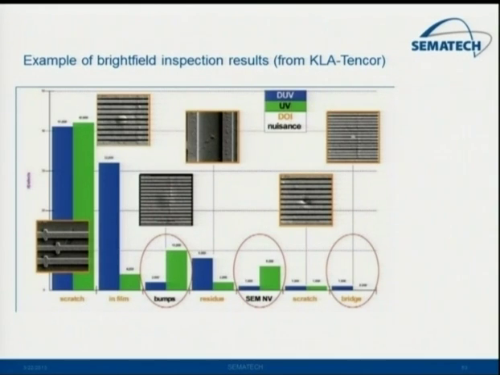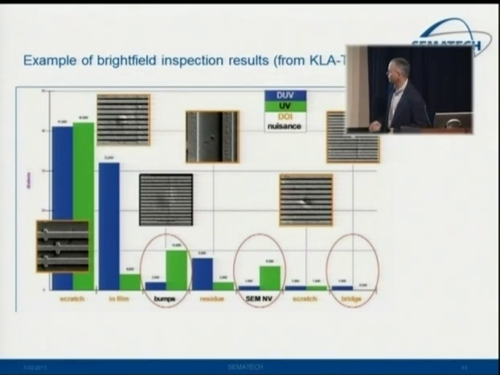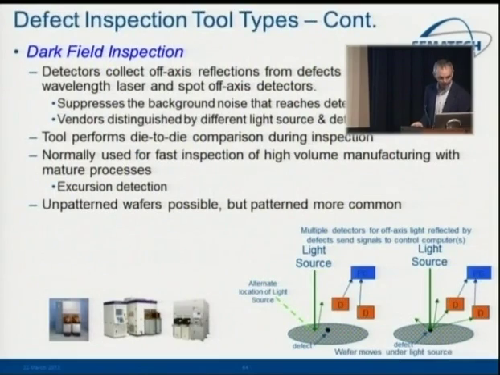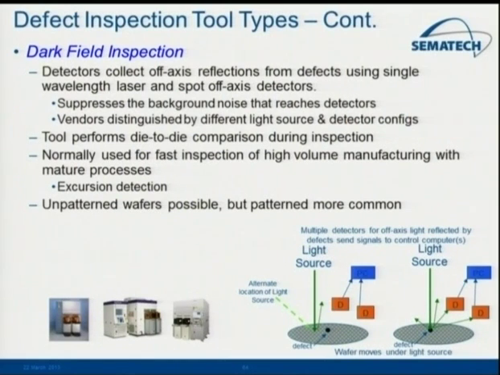Whether it's a defect inside the film, whether it's a bump on the wafer, some residue, etc. So this is the type of information. You're looking at a fairly large area on the wafer to pull out a substantial statistical distribution of what these defects may look like. Now that's too slow for most people in manufacturing, so they developed another technique.